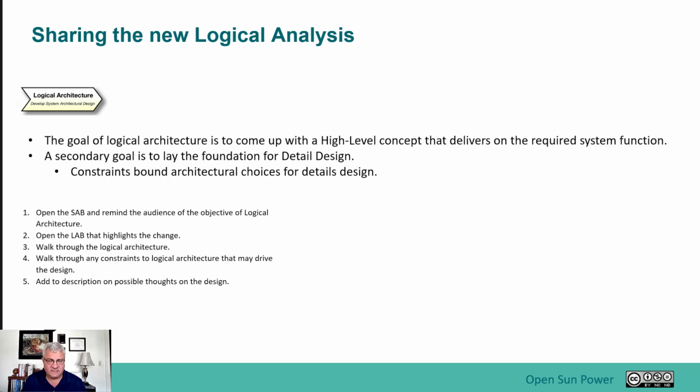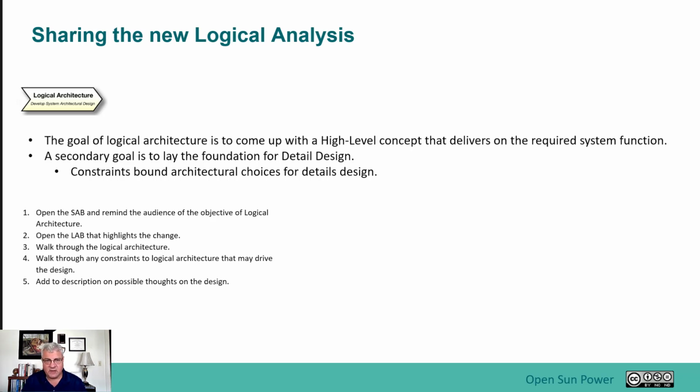One of the key things that's really important is there's things called constraints. There are constraints around the problem that will limit what your architectural choices are. And those constraints, sometimes they're called requirements, or sometimes requirements can be of the form of a constraint. They're really non-negotiable. They're just things that you have to do and deliver. And those constraints really limit you to what you can do as far as a design goes.